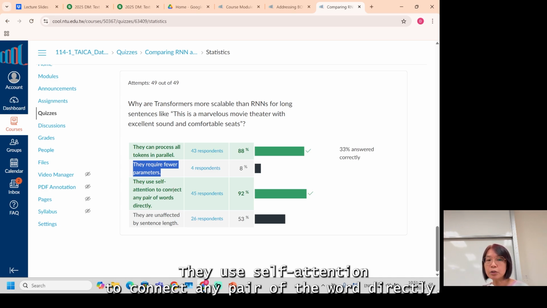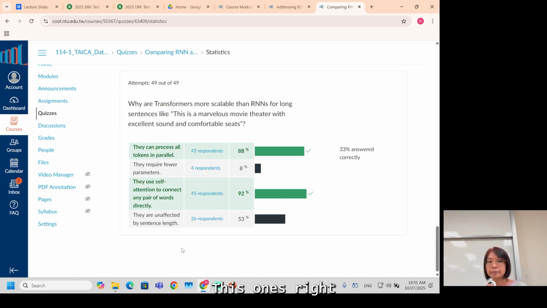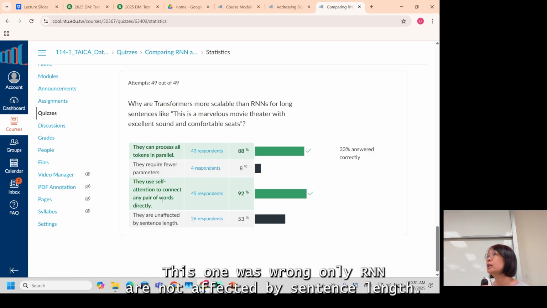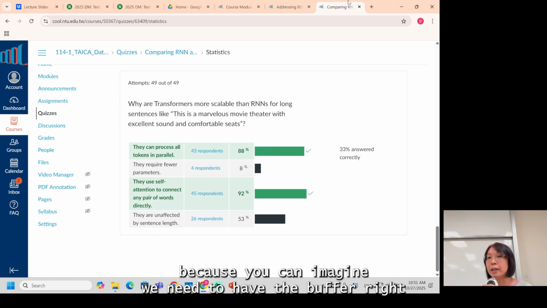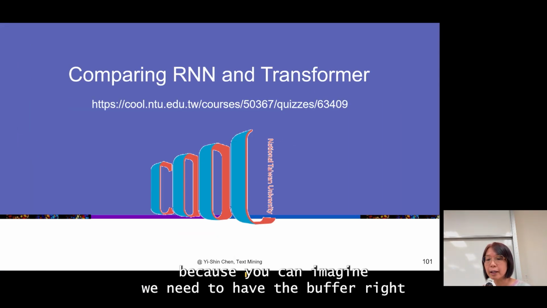They use self-attention to connect any pair of words directly. This one is right. And they are unaffected by sentence length. This was wrong. Only RNN is not affected by sentence length. Transformer needs a sentence length limit, because you can imagine we need to have a buffer, right?